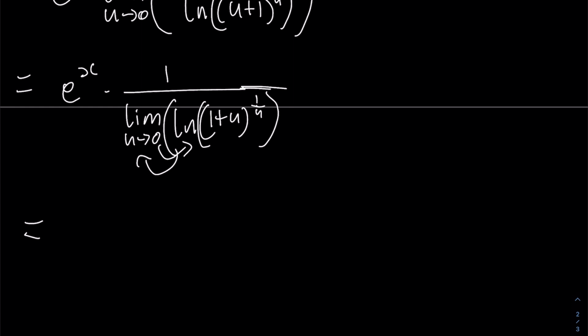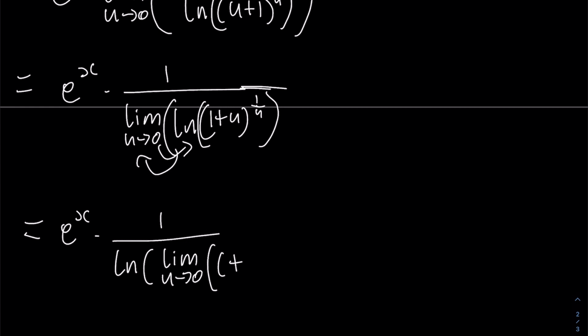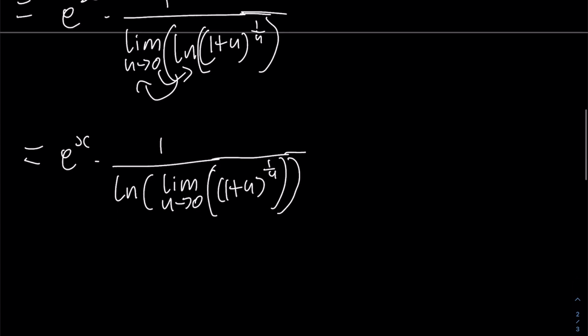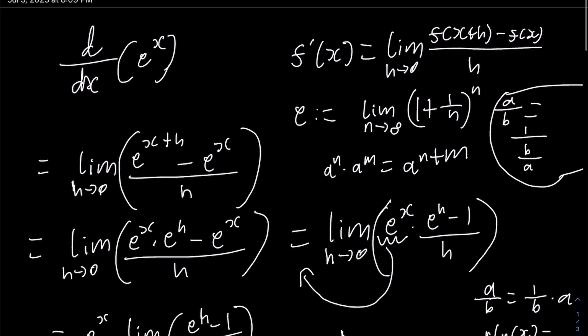So this is equal to e to the x multiplied by 1 over the natural log of the limit as u goes to 0 of 1 plus u to the 1 over u's power, like so. And this limit right here evaluates to something very nice. That is where we need to go back to our definition of e.